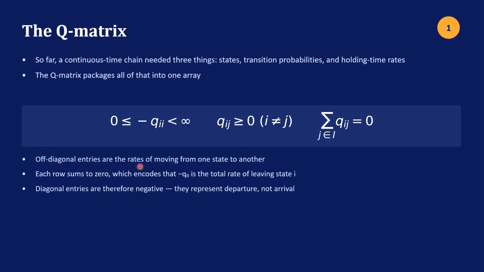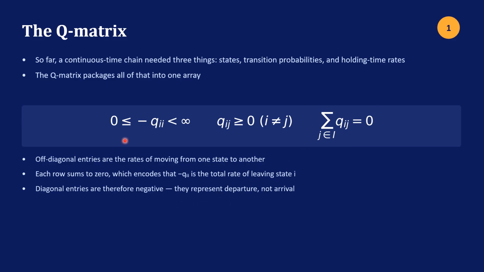Off-diagonal entries are the rates of moving from one state to another. So these are the off-diagonals. Each row sums to 0, which encodes that the diagonal is basically the negative of the sum of the off-diagonal entries for each row. And this is just showing that each row adds to 0.